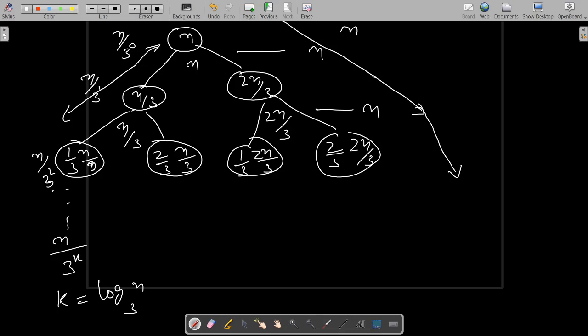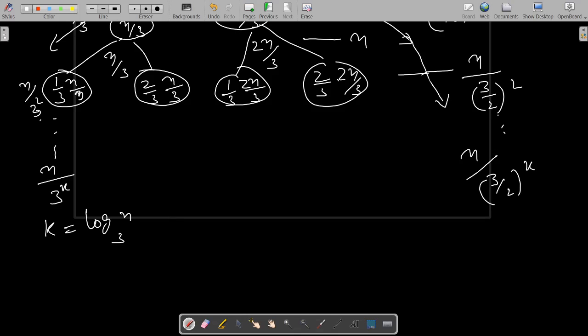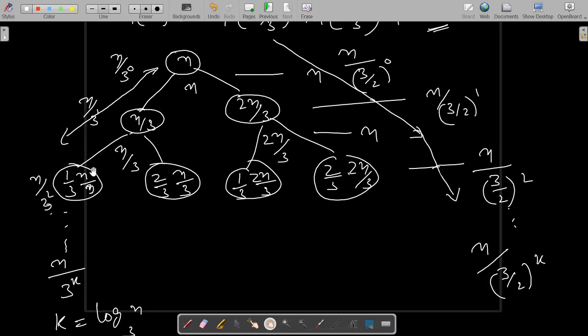If we observe the right side, we can see that the input size is n divided by (3 by 2) to the power 0, and here n divided by (3 by 2) to the power 2, and so on. At the kth level it would be n divided by (3 by 2) to the power k. Here we can see that the left side of the tree has the least depth.